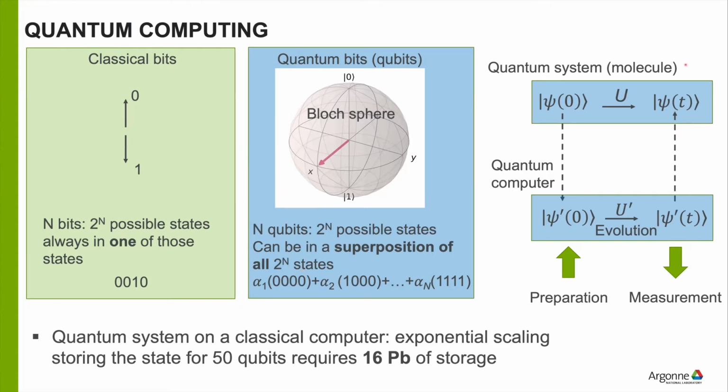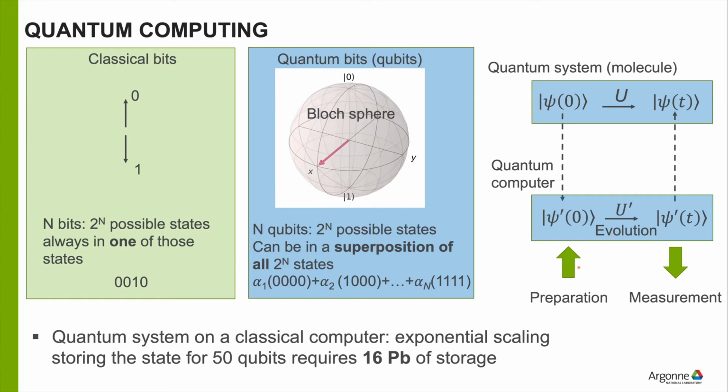And so, in general, if we want to study some quantum system, we can map the initial state of our system onto the quantum computer, then do some evolution of our system, and then map it back to the classical computer and basically measure the state and get the properties of our real quantum system and get the solution to our problem.